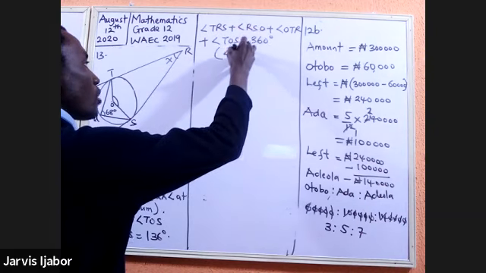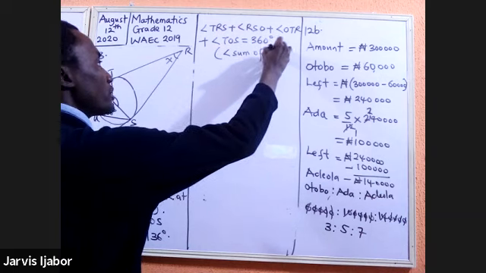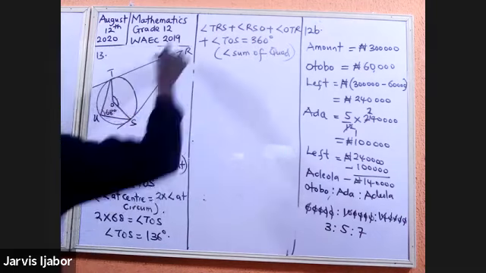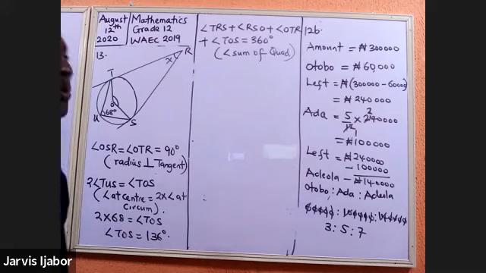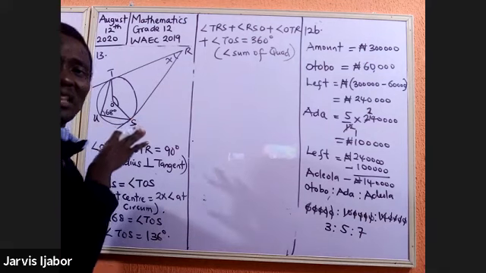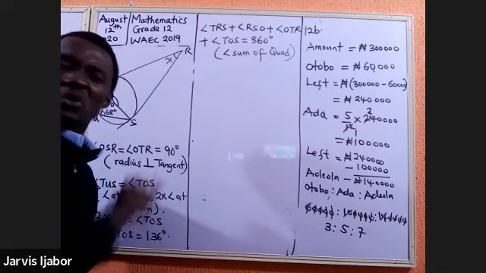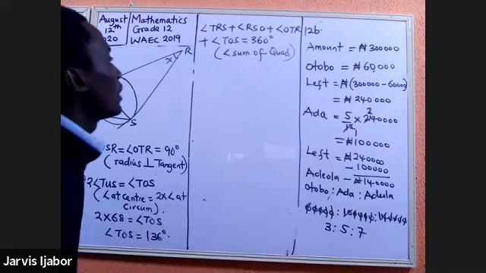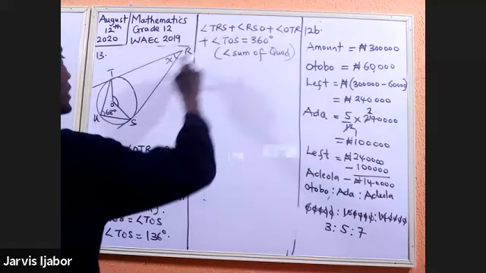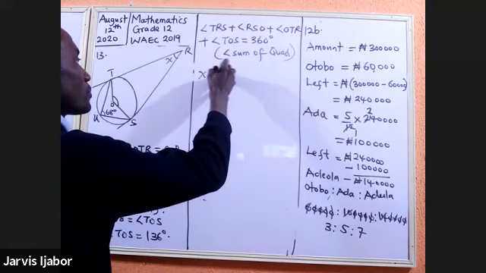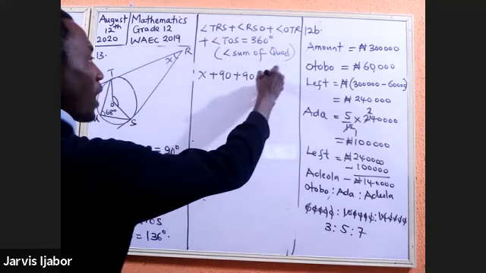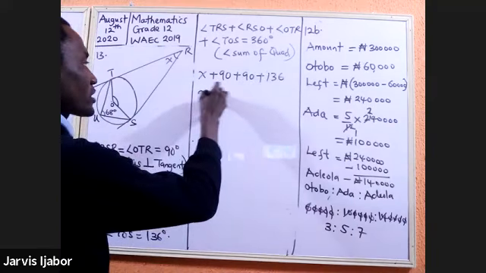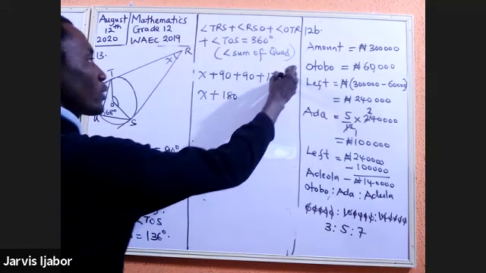Reason: angle sum of quadrilateral. There's another way you can solve this, but I don't want to waste my time. That's the beautiful thing about this area of maths. There are different ways you can solve. Now, look at this. TRS is x plus 90 plus 90 plus 136. So that will be x plus 180 equal to 360.